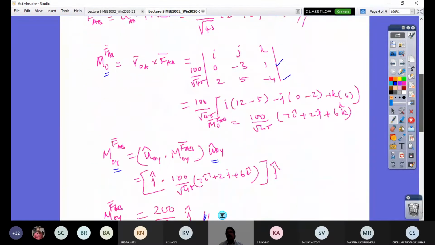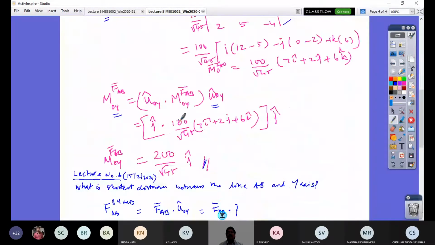So what is the basic idea? First, to find the moment of a force about the line OY axis. Find its magnitude. And vectorially you can do that simply. So you can also combine the two steps we carried out in the previous class as one step here, that is MOY of FAB. The force vector moment about OY axis would be equal to straight away one determinant.